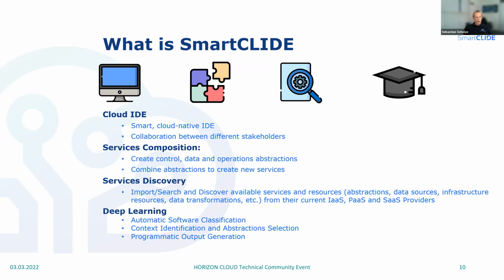If you want to combine already existing services, of course, you need a service discovery. So the idea is to import, search, and discover available services and resources from current providers. And in order to support this, we are providing a deep learning engine so that we can have automatic software classification, context identification, and abstraction selections, so that we can support these other two processes, service discovery and service composition.